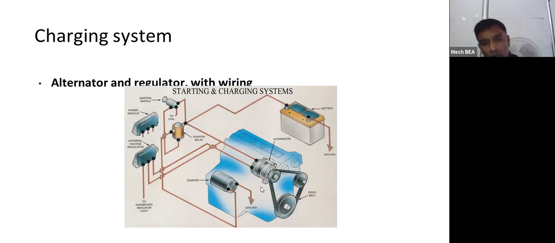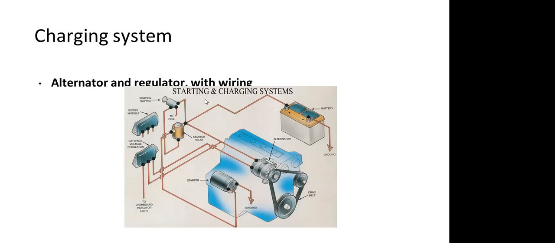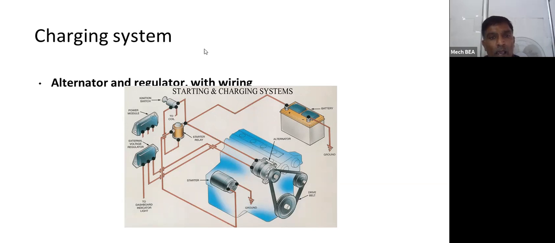The other circuit I will show afterwards in the coming slides. And once the engine starts, via this pulley and belt drive, this alternator or dynamo can charge the battery. So therefore it is shown here combinedly as a starting and charging system.